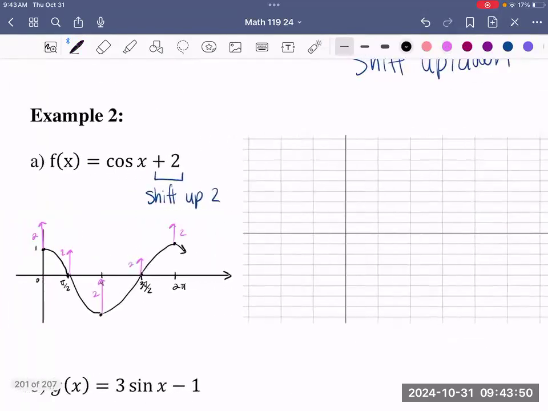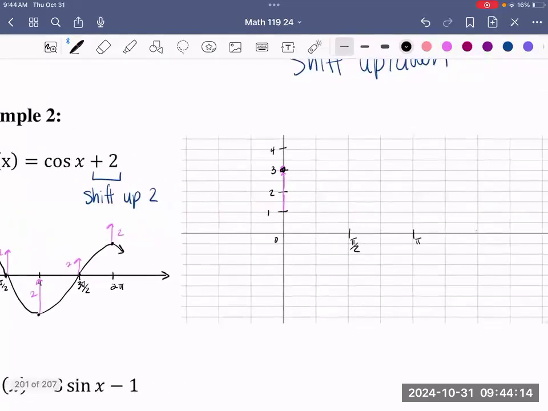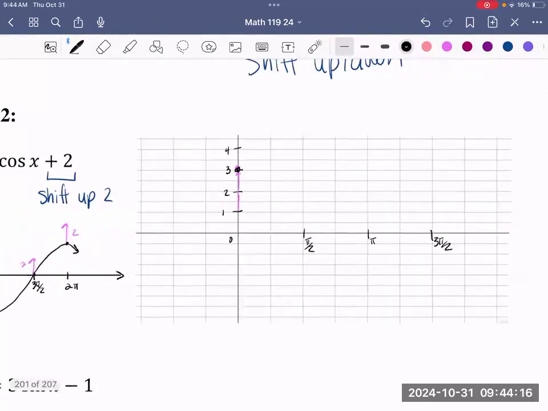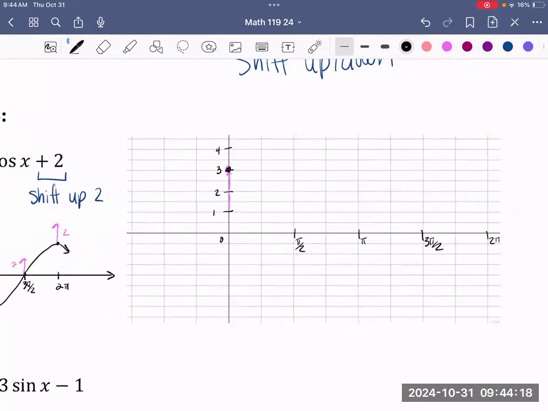So if we were originally at 1, we're going to take each point and go up by 2. Let's say this is now 2, this is 3, this is 4. So we'll go 1, 2. So we have a new dot right here. This is at 0. Let's say this is pi over 2, pi, 3 pi over 2, and 2 pi.